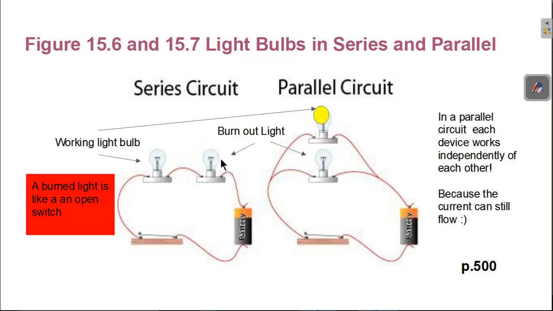And you already know that if there is an open switch, the flow cannot continue. If you don't have a flow of electrons, this light right here cannot work either. Neither the one that's burned out, nor the one that is still good, will work for you. You're not going to have any light. This is like an open circuit.